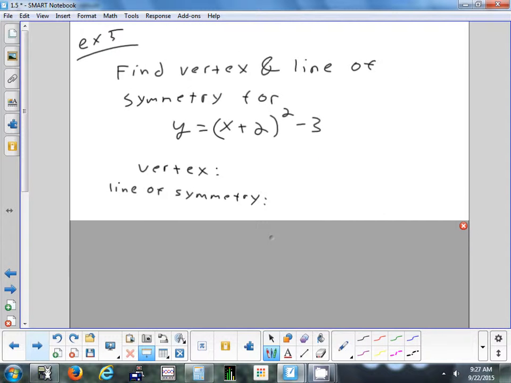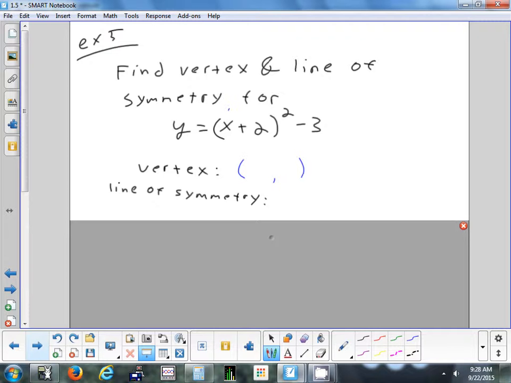Okay, first thing I want to do is find my vertex. Right, before I even start, one thing I would do is look at this x plus 2, and I would rewrite it. Okay? How could I rewrite x plus 2 with a minus?